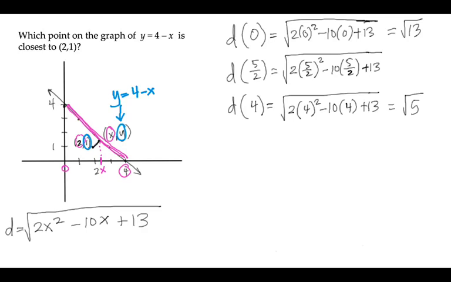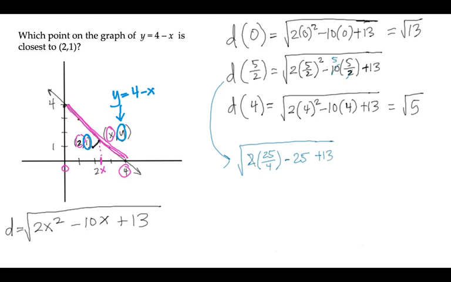This one, I'm going to need a little bit of scratch work here. So I've got 2 times 5/2 squared, that'll be 25 over 4, minus 10 times 5/2. Let's see, the 10 and the 2 can cancel. That'll give me 25, and then plus 13.